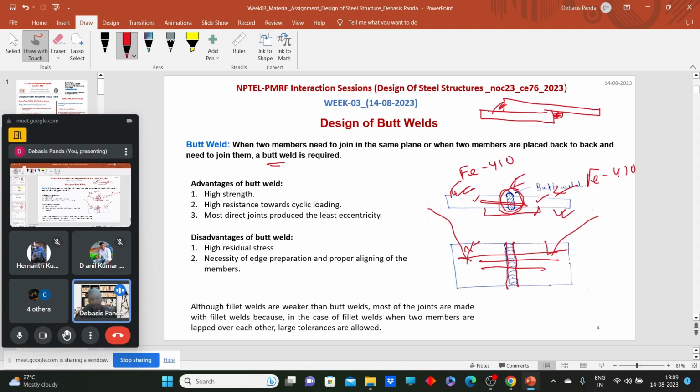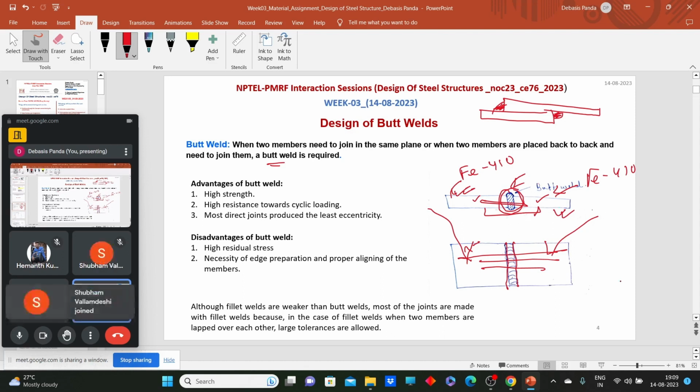Now think about it, when we need to lap two plates, there will be much more tolerance with respect to the site modulations. So we can see that butt welds are more complicated to install at the site. That's why in most cases fillet weld is used.